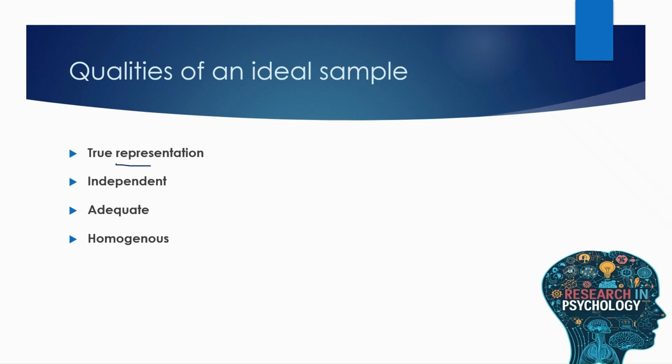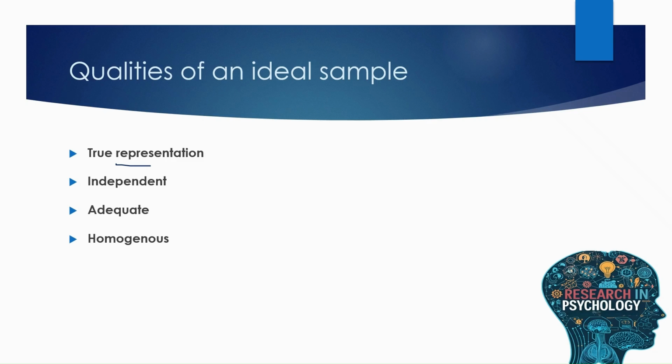So if I say that from the sample that I have obtained, it's easier for students to qualify in offline examination than online examination, then that observation should hold true for the whole university, right? So that's what true representation means. Whatever sample you are getting, it should be a true representation of the population, so that whatever result is obtained should hold true for both sample as well as the population, right?